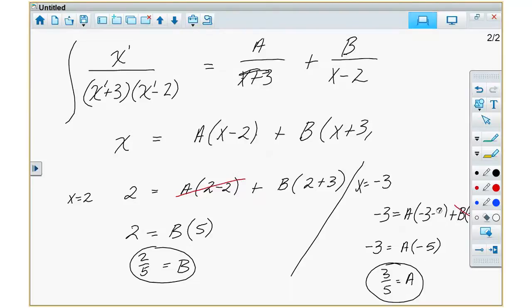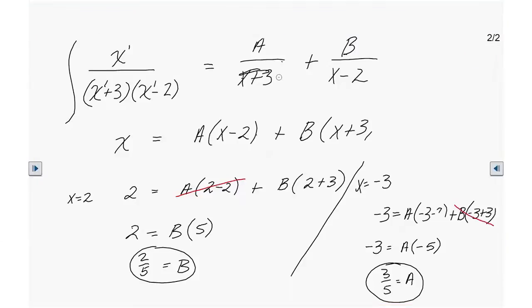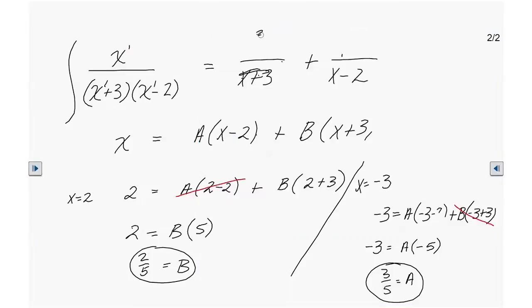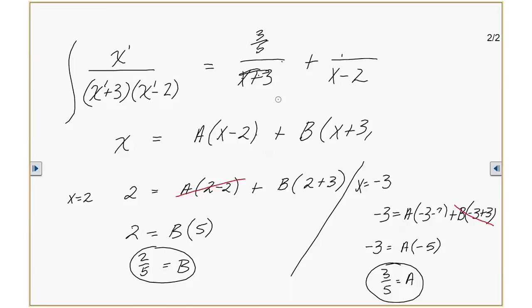There. Okay, did y'all see that? I had to go over here and get the eraser to work. All right, what is this? 3/5 is A, right? And B is 2/5.